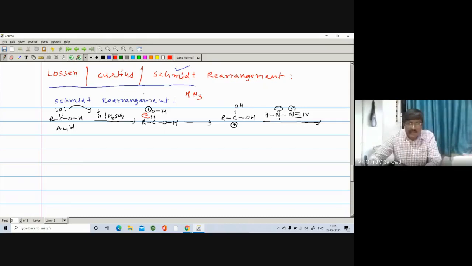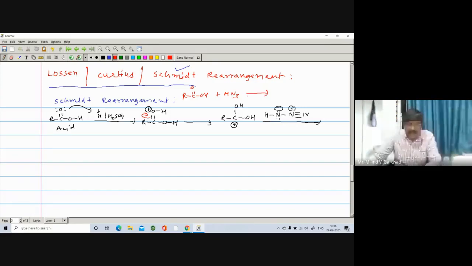So here, what happened in the Schmidt rearrangement? In the Schmidt rearrangement reaction, the starting compound is your acid, R C double bond O O H, acid. It reacts with HN3, right?